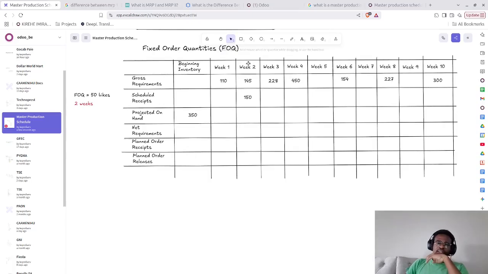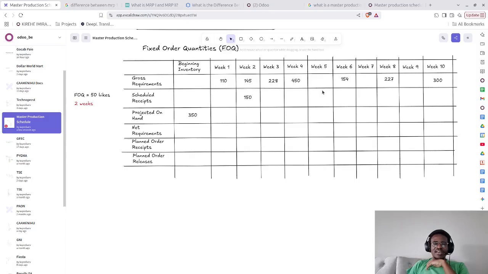So I can plan forecasts. This is just forecasted plans, by the way. I can forecast that on week 1 I will need to supply 110 bikes, week 2 145, week 3 228, week 4 450, week 5 nil, week 6 154, week 7 nil, week 8 227, week 9 nil, week 10 300.